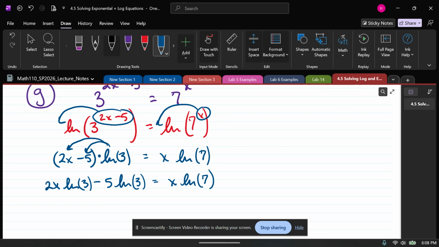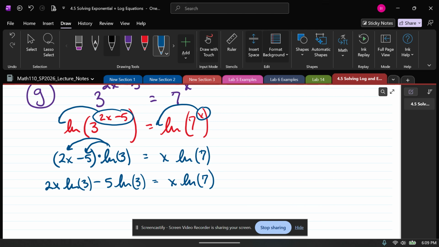Now, the next step is get things that are the same together. So in this case, the things that are the same are the things that have x's. So I need to move this 2x natural log of 3. It needs to go over there with that x natural log of 7 because those both have x's.